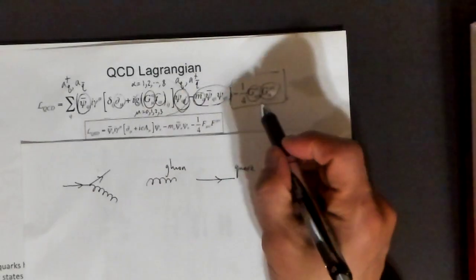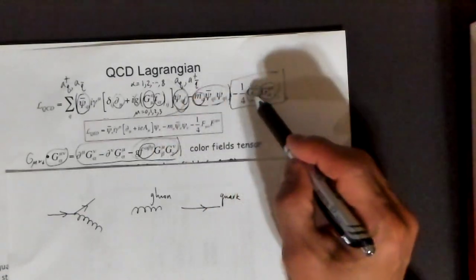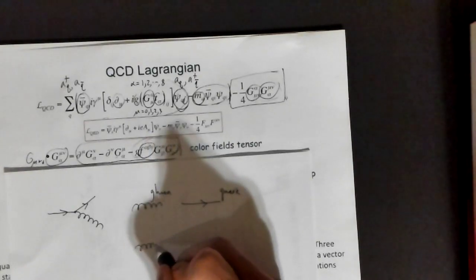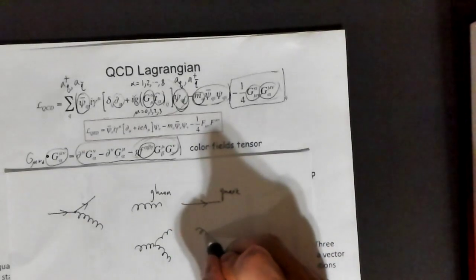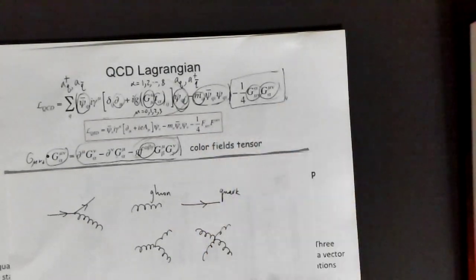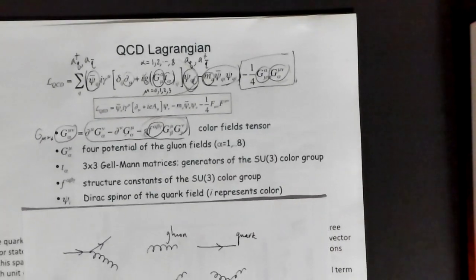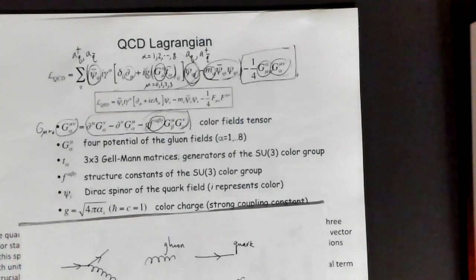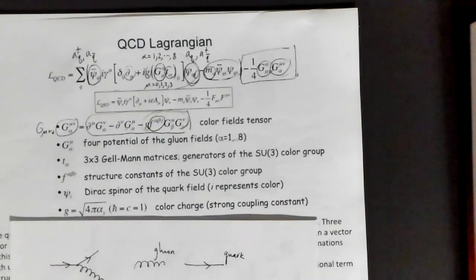But because of this term here having these cubic and quartic terms in the gluon field, we end up getting these vertices like this, where the gluon self interacts, 3 gluon legs come out, or 4 gluon legs come out. Okay? And this turns out to change the character of quantum chromodynamics compared to quantum electrodynamics.